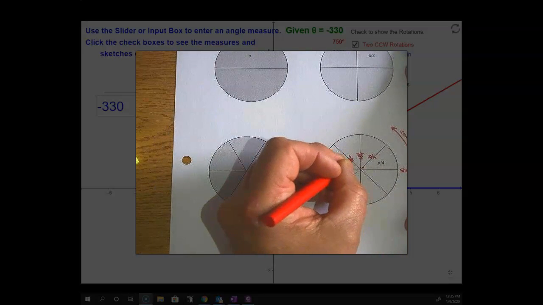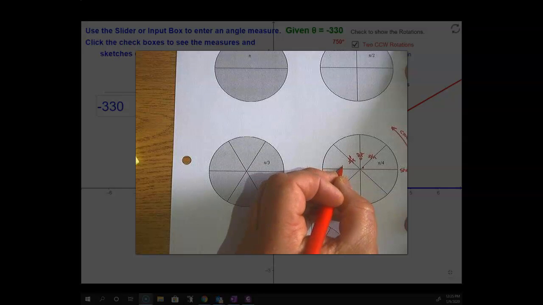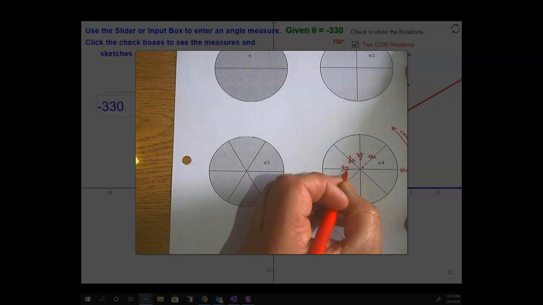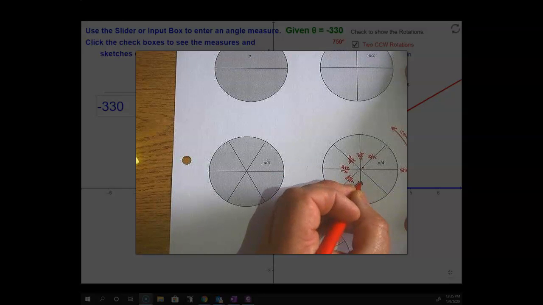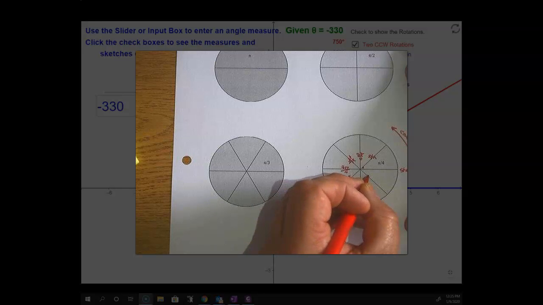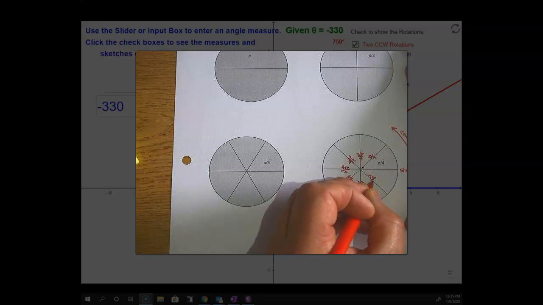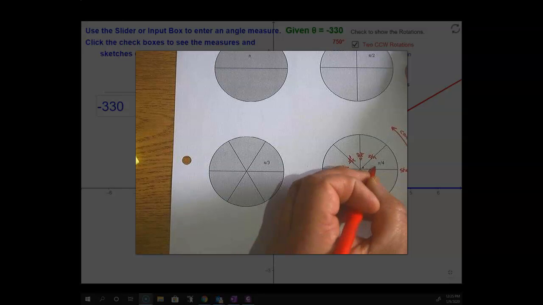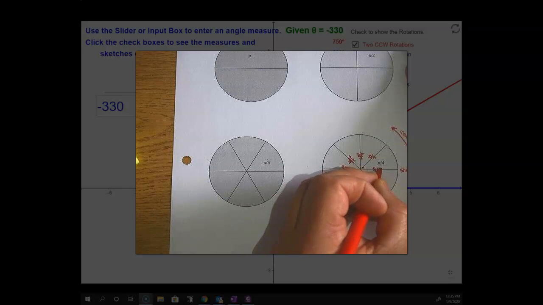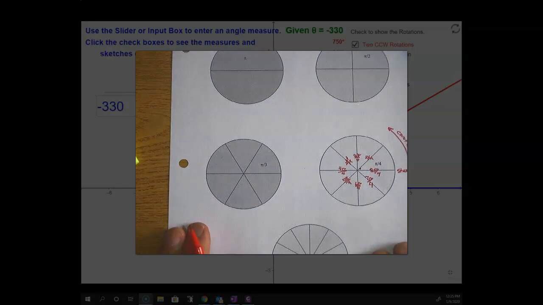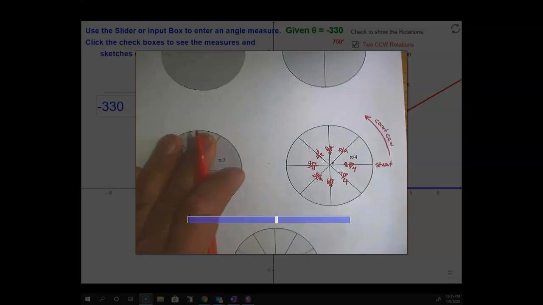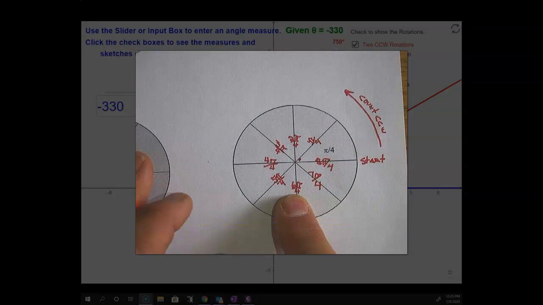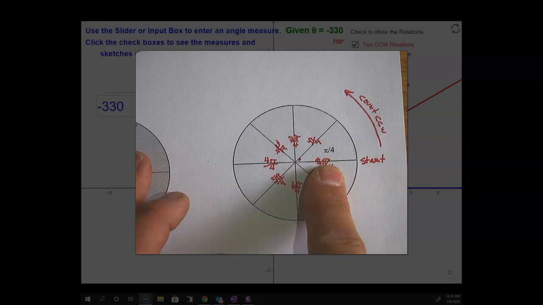Okay, 3 pi over 4, 4 pi over 4, and so on. All right, that's going around the circle one time. So all of these pi over 4s that you see in red are all between 0 and 2 pi. 8 pi over 4 is the same as 2 pi.